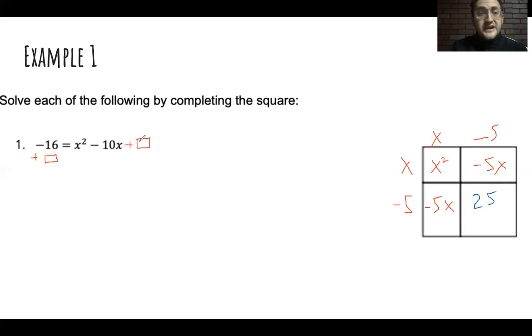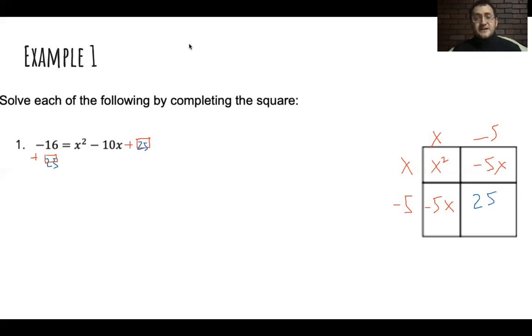So what completes the square on the right side is the number 25. And if we're adding 25 on one side, if we do not want to change the equation, we have to add 25 on the other side.